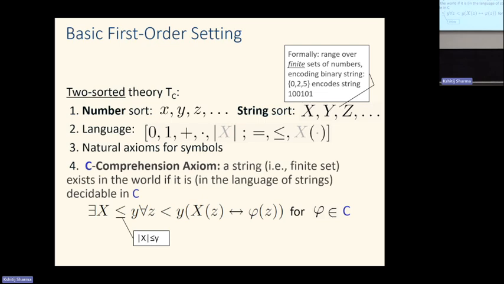Then there are equality and less than, and a predicate that tells you whether the ith bit is lit in the string X, whether it is 1 or 0. And then you have natural axioms for these symbols. I don't provide them; they are just the obvious intended model of these functions.